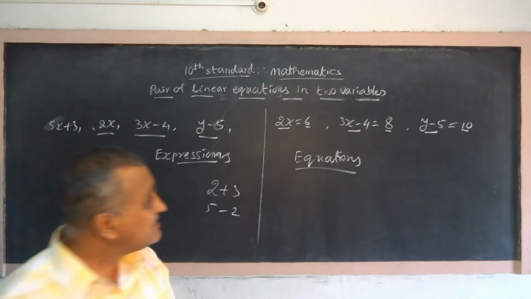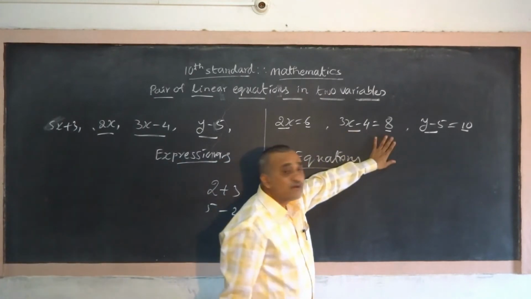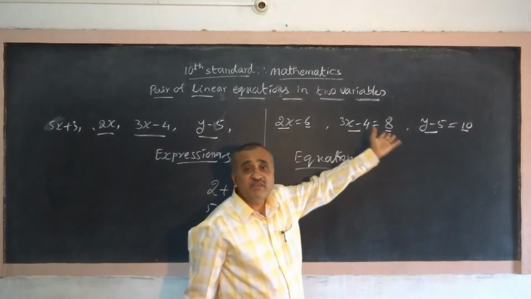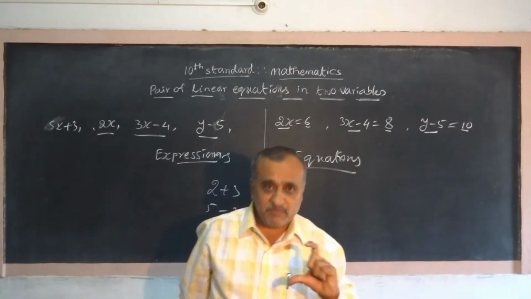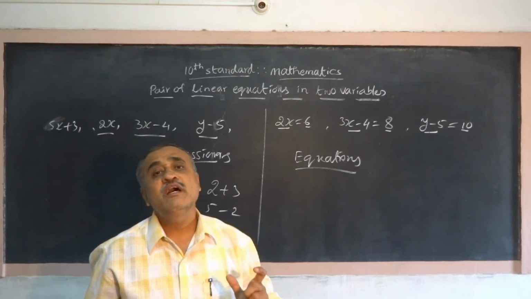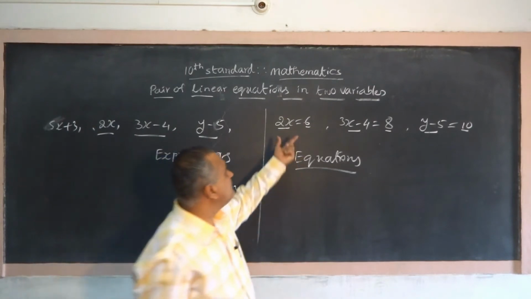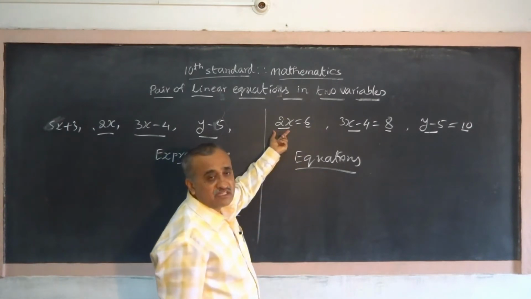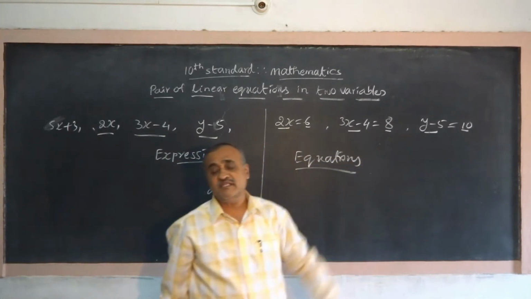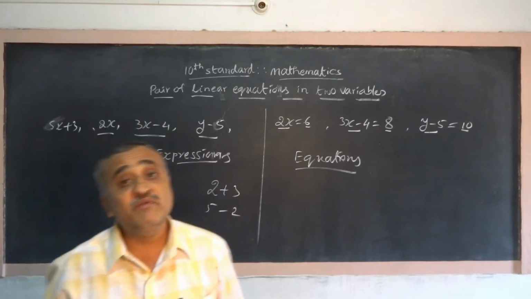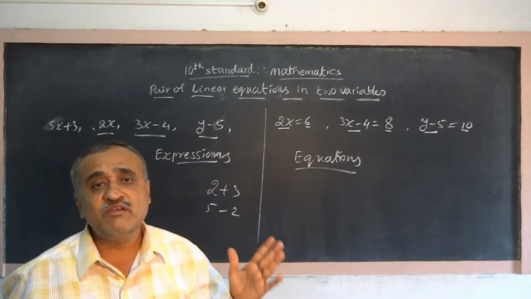Is it right? Such mathematical statements we call equations. If the equal sign exists between the two expressions, one numerical expression and another algebraic expression, such mathematical statements we call equations.